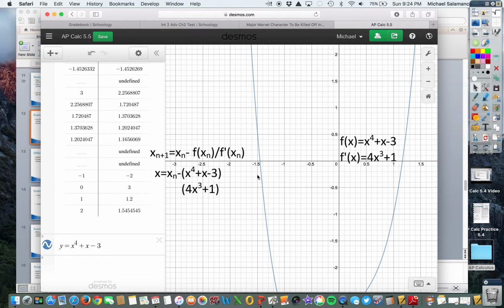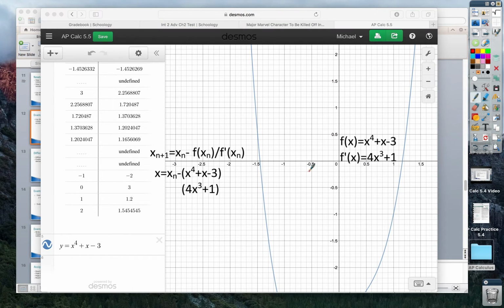Now, it looks like these answers are close to 1.5, negative 1.5 here. I know it's obviously not exactly on it, but it's close. And on the right side, we have what looks like could be 1.2. Now, notice I graphed these because it's going to be easier to find them. Okay, and those are our guesses. And because we graphed the original, we know that there's two possible answers.